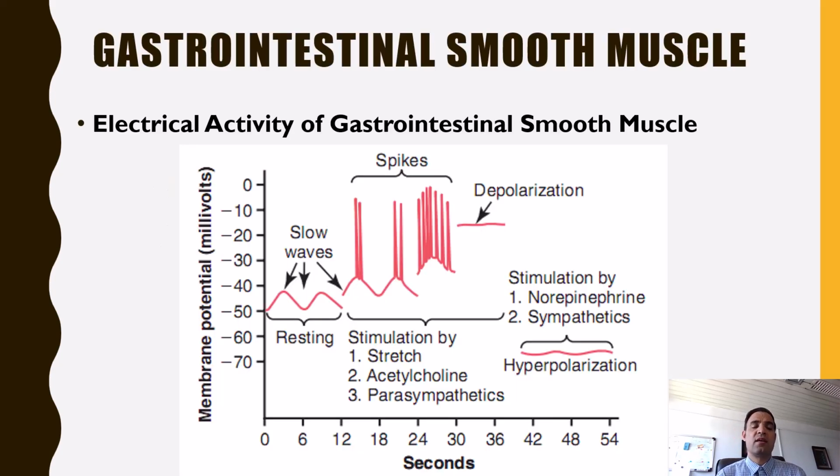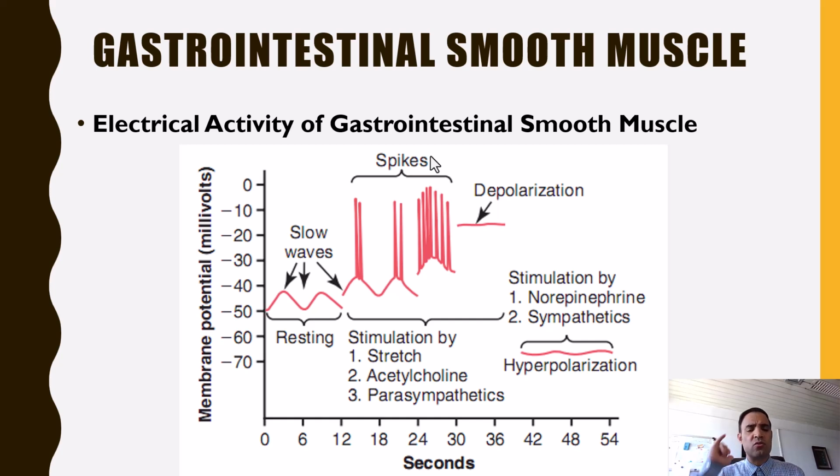Smooth muscles are known for some characteristics that we cannot see in other smooth muscle in the body. For example, you see that smooth muscle in the GI system has some oscillation in its resting membrane potential.